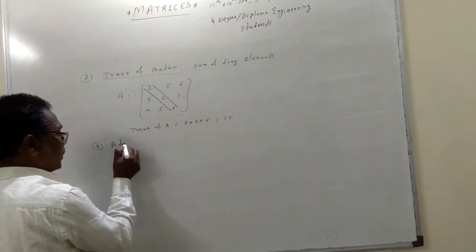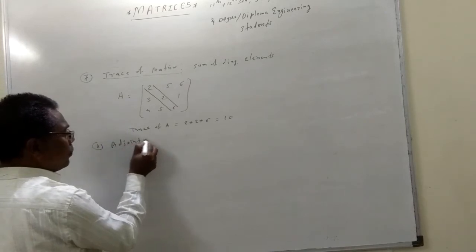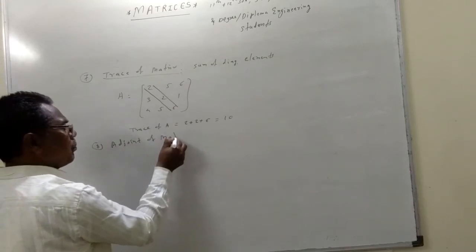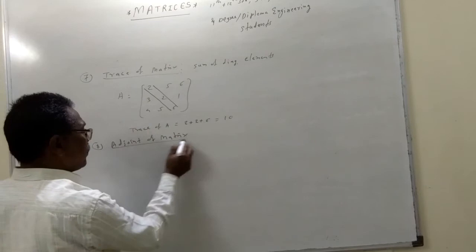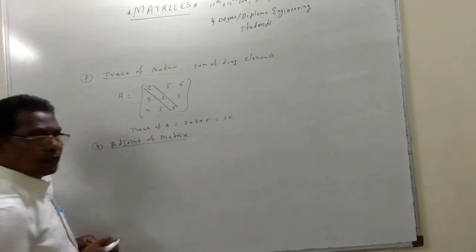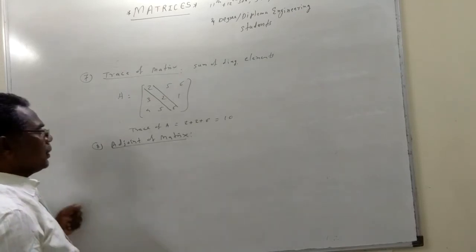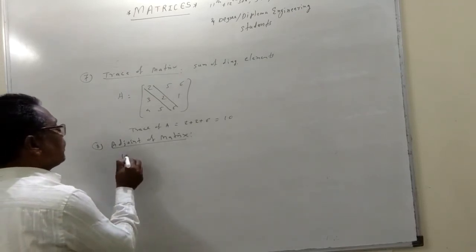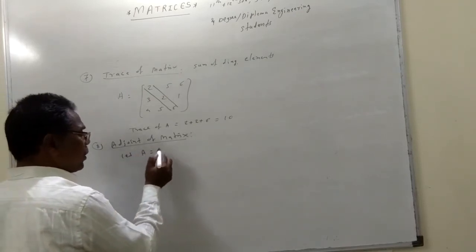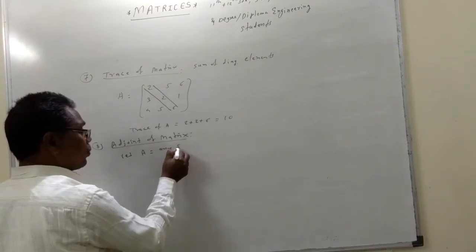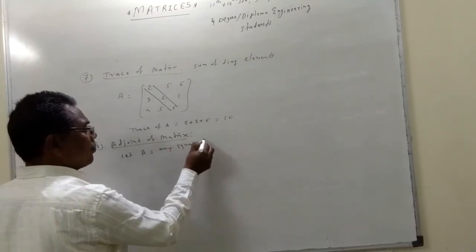Adjoint of matrix. When you want to find the adjoint, what is the procedure? Let A be any square matrix.